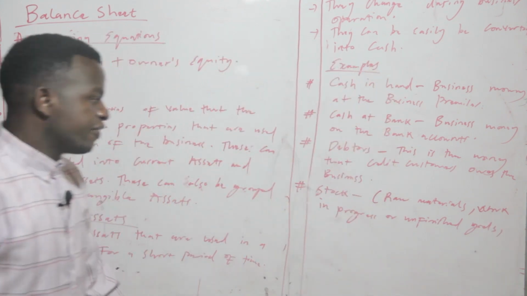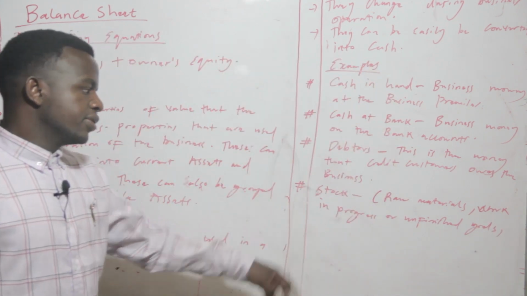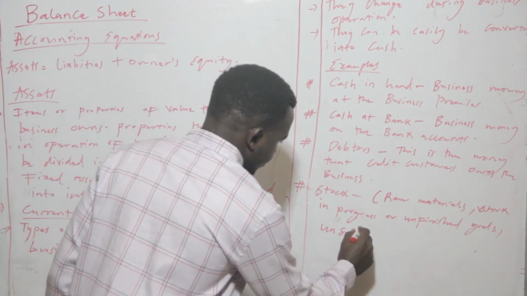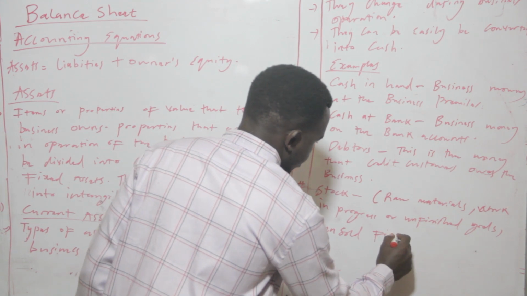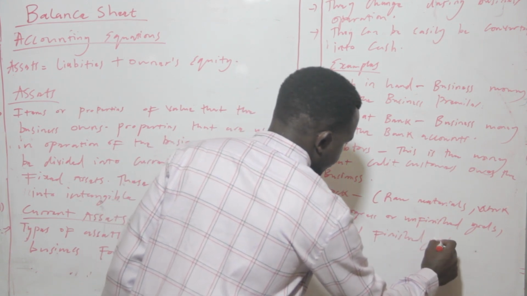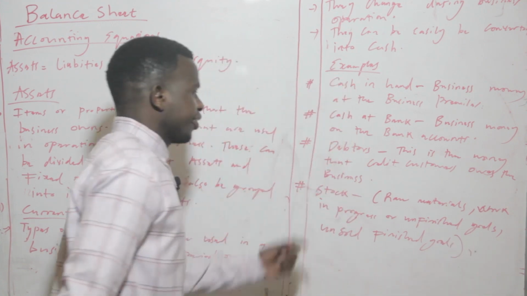Or we can have unsold finished goods. So these are the types of assets.